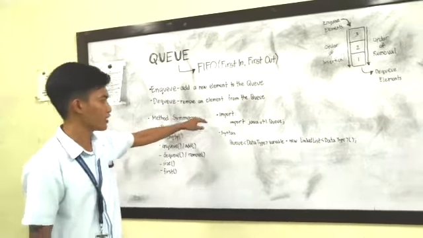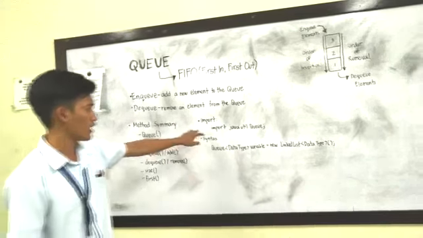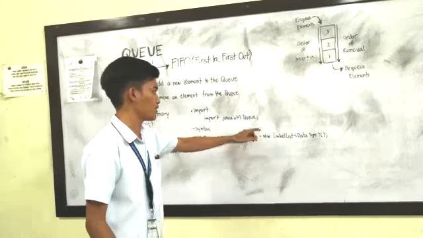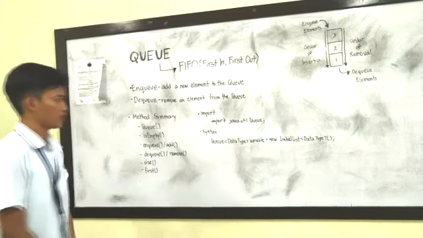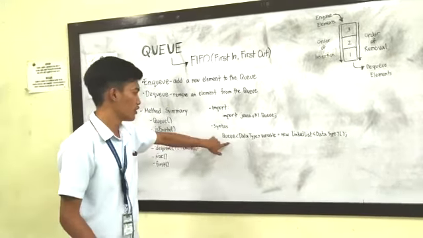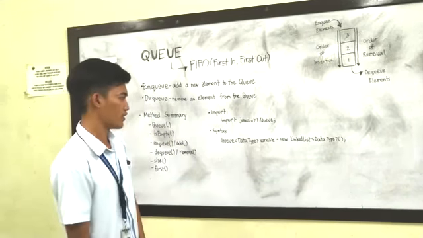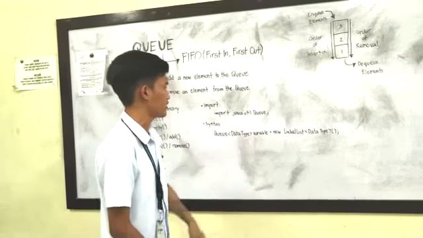For the imports, we have this unique import for queue, which is import java.util.Queue, and ends with a semicolon. For the syntax of the queue, we have Queue, the greater than symbol, the data type or whatever data type you want to use, and close it with a less than symbol.